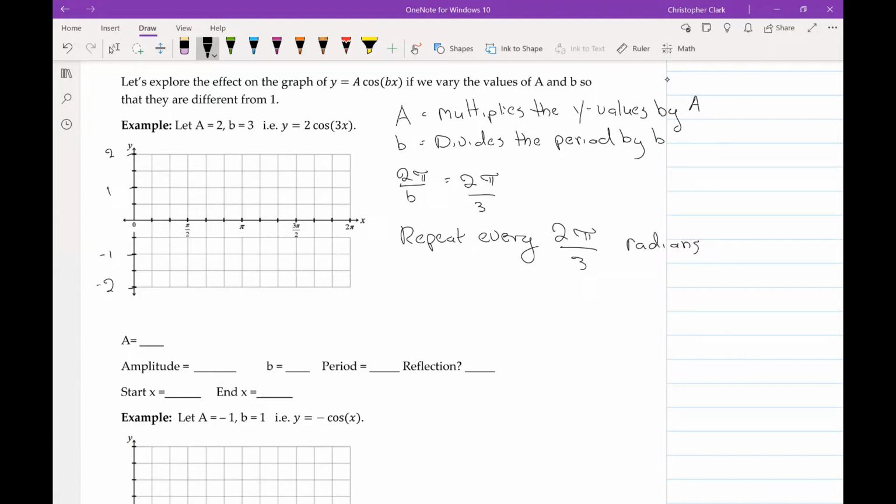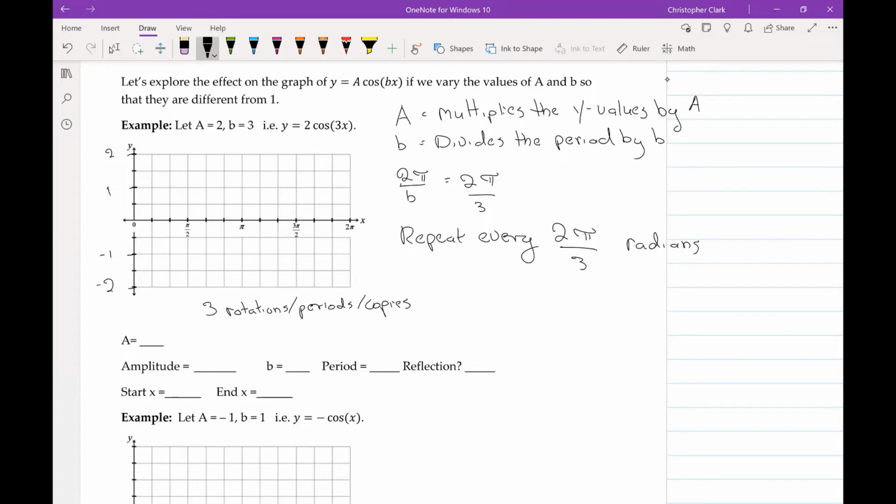I haven't actually graphed anything yet, but if the period is 2 pi over 3, I expect to have 3 rotations, or periods or copies, on this graph. So let's think about some key points.